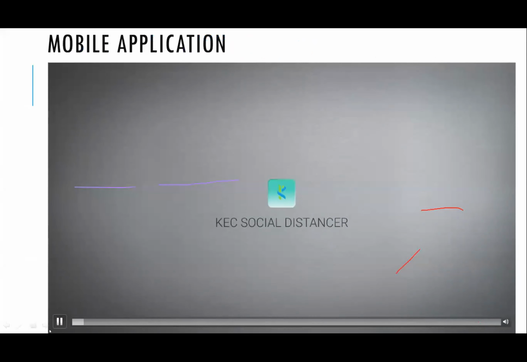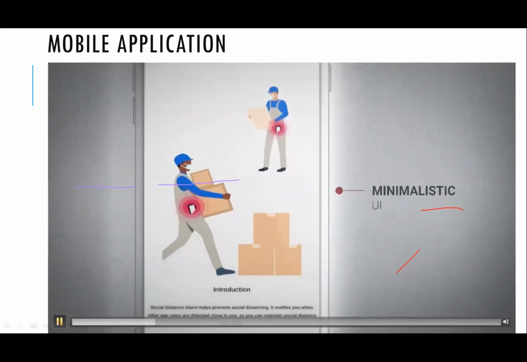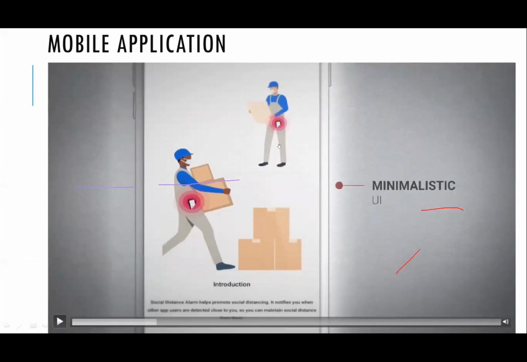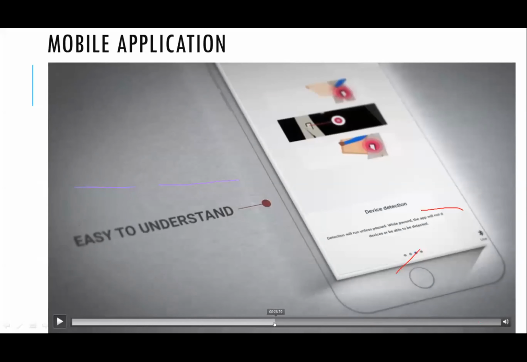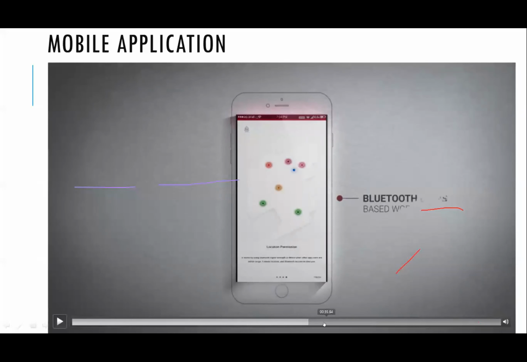This is a social distancing app, enabled on our smartphone. If two persons come nearby, this app will inform them to move apart. This is the app we have done. It uses Bluetooth alone, easy to understand. So I'm running through it.